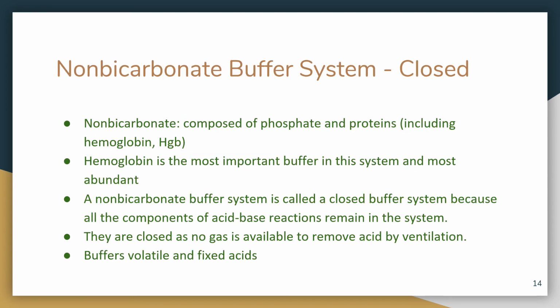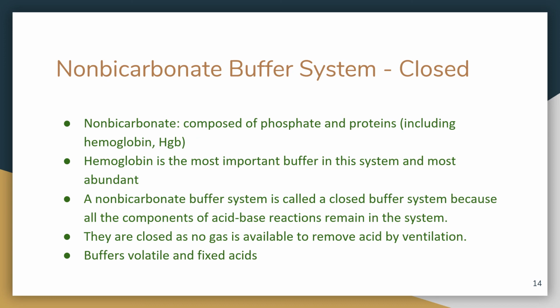So on our next slide here, we're talking about the closed system, or the non-bicarbonate buffer system. And this is composed of phosphate and proteins, which include your hemoglobin. And again, that's just hemoglobin then written a different way, or HB. So hemoglobin then is the most important buffer in this system and the most abundant. Okay, so it's more related to your blood.